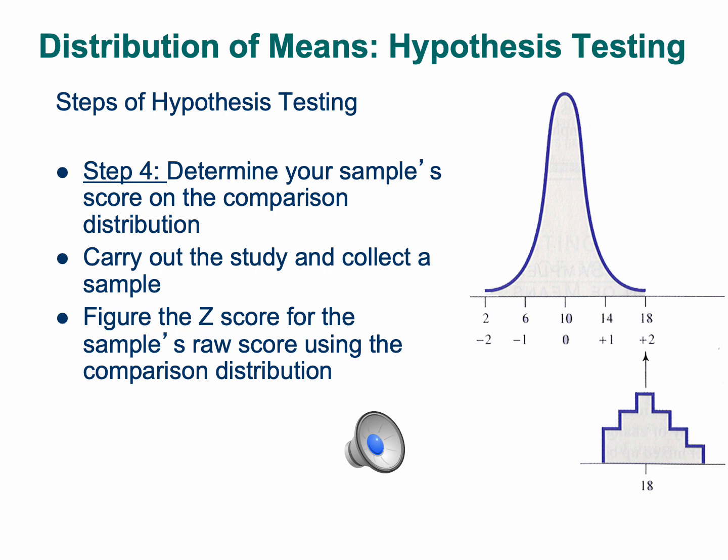Step 4 continued. Determine your sample score on the comparison distribution. So we carry out the study, collect a sample, figure the z-score for the sample's raw score using the comparison distribution. So the sample has a mean of 18. Our distribution of means has a mean of 10. And we put our sample up next to that, and we get it's like a z-score here of 2.